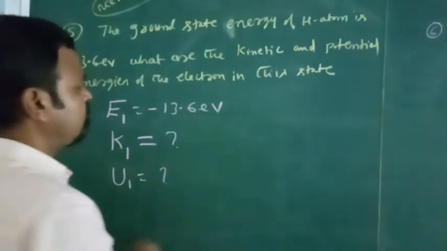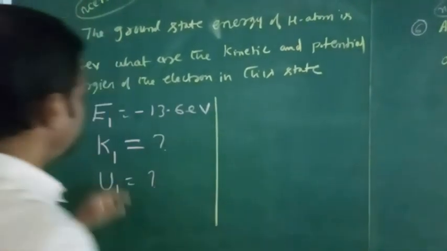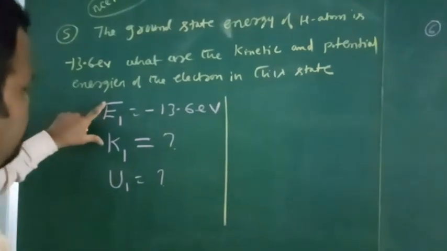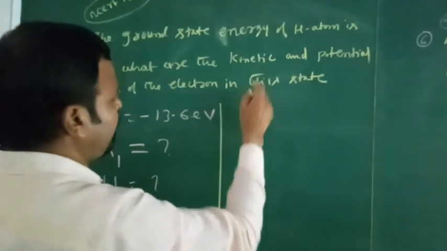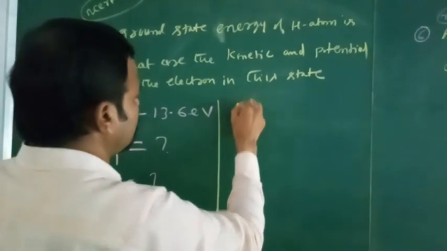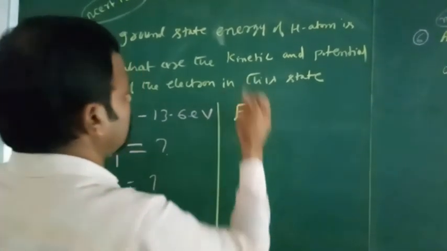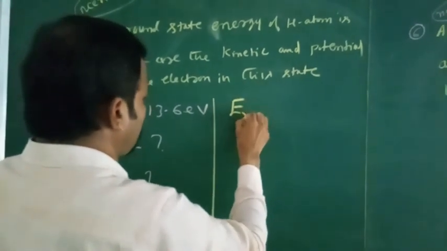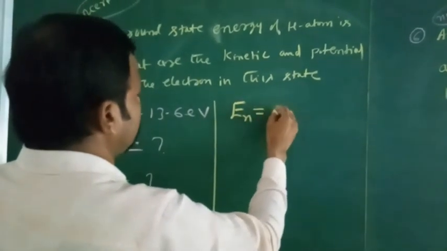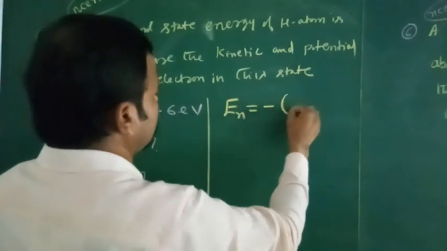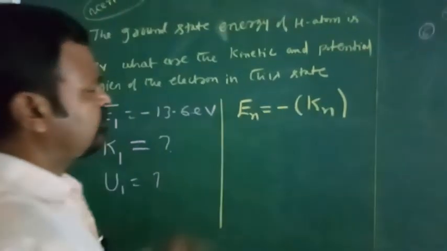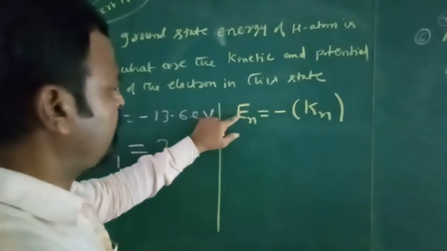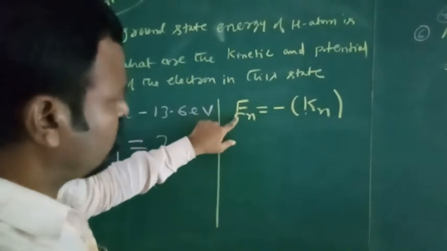So one general formula is there, the relation between kinetic energy and total energy. This is the total energy. Total energy of an electron is equal to minus of kinetic energy. Remember, that is the relation between kinetic energy and total energy.